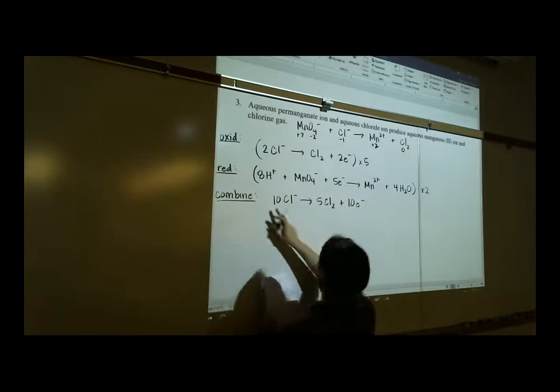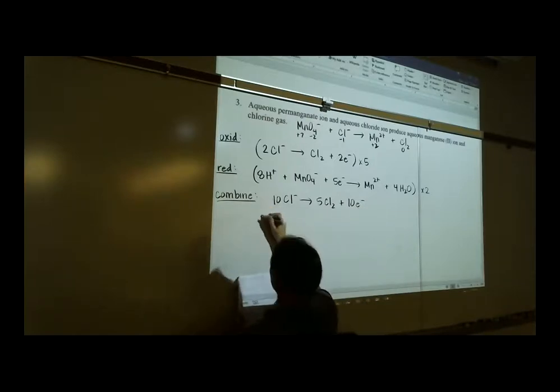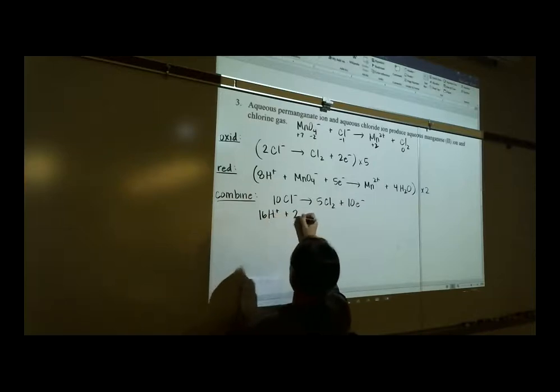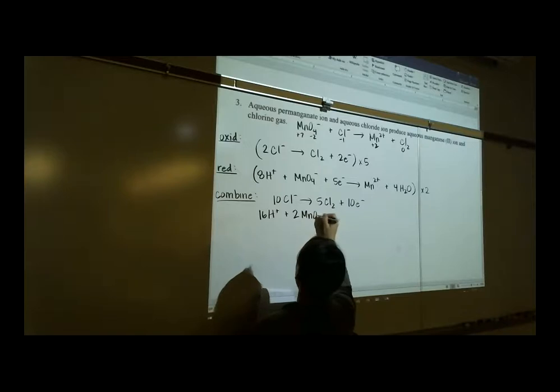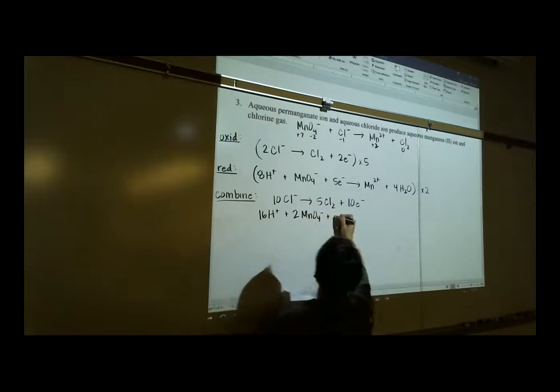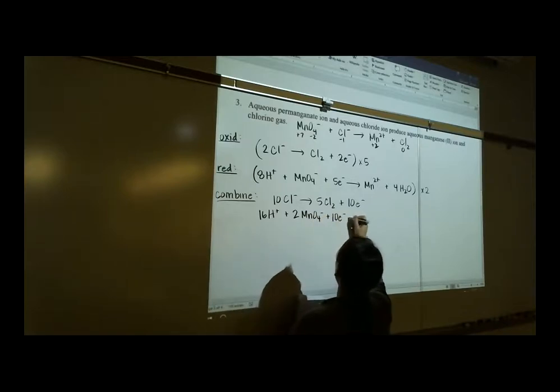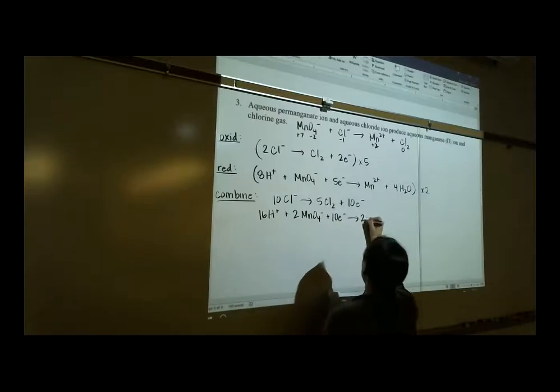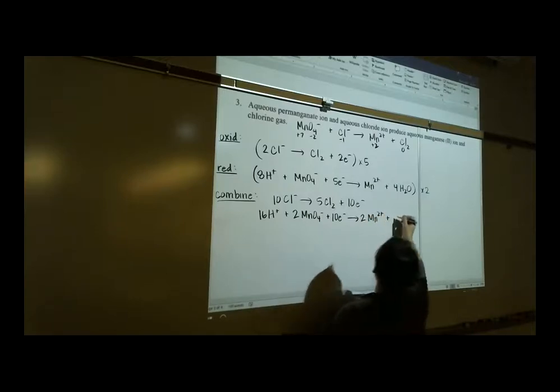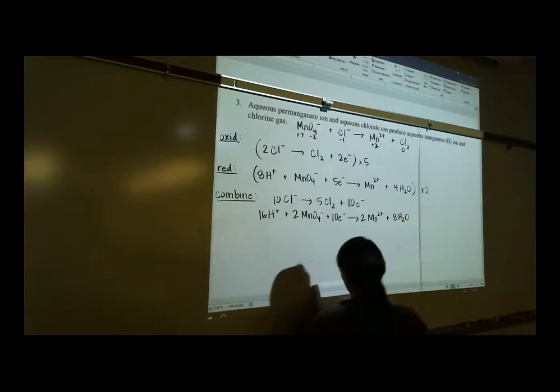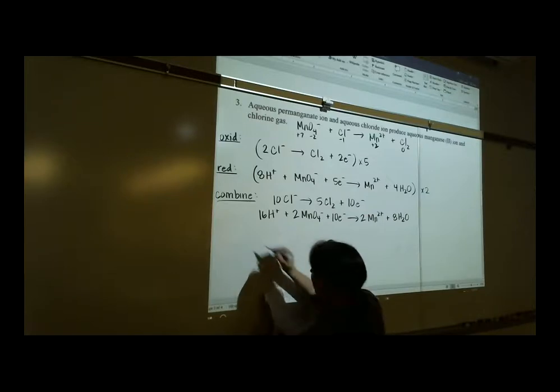And then let's multiply the bottom one by 2. 16 H plus, 2 permanganate plus 10 electrons produces 2 manganese 2 and 8 H2O.